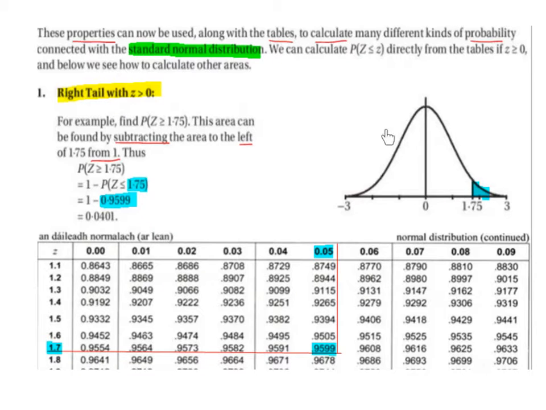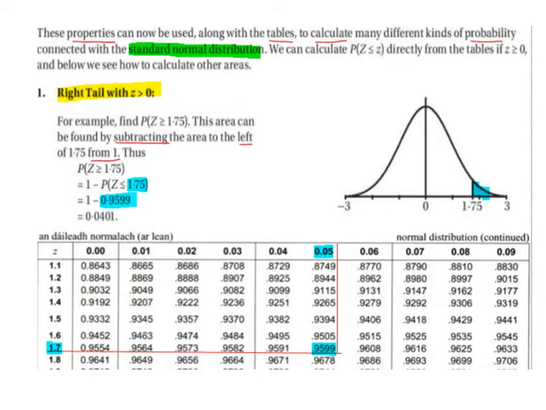So since we know that this entire area equals 1, to figure out what the blue section is, we can say 1 minus this area. So the probability that z is greater or equal to 1.75 is the same thing as 1 minus the probability that z is less than or equal to 1.75. And in our tables, the probability that z is less than or equal to 1.75 is 0.9599.